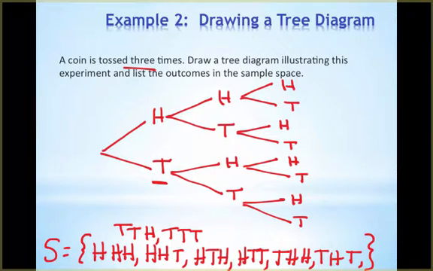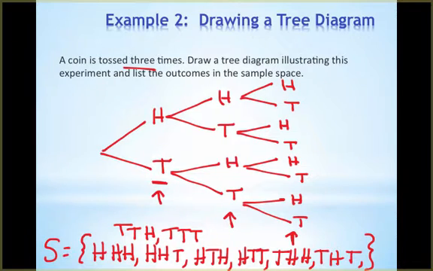Now, I do want to point out that there is a quick way to count up the total number of possibilities. If you look, you have a total of 8 possible outcomes here. One way we can find that is to look at each individual event and find how many outcomes each one of those have, and then multiply those.